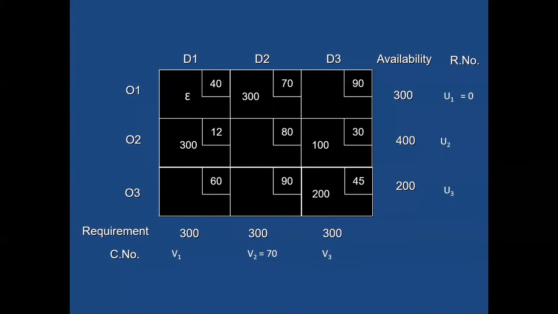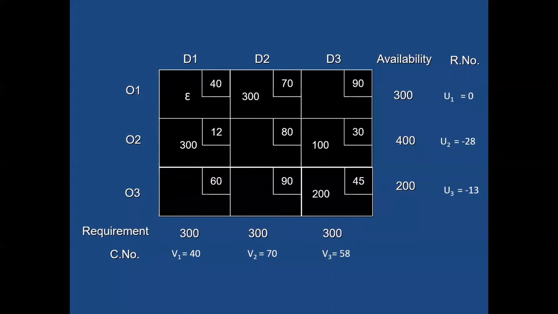As soon as we do that, we get the value of V1 and V2, which is 40 and 70. Using V1, which is 40, I can find out the value of U2, which is minus 28 now. Using minus 28, I can find out the value of V3, which is coming to 58. And finally, using 58, I can find out the value of U3, which is coming to minus 30.